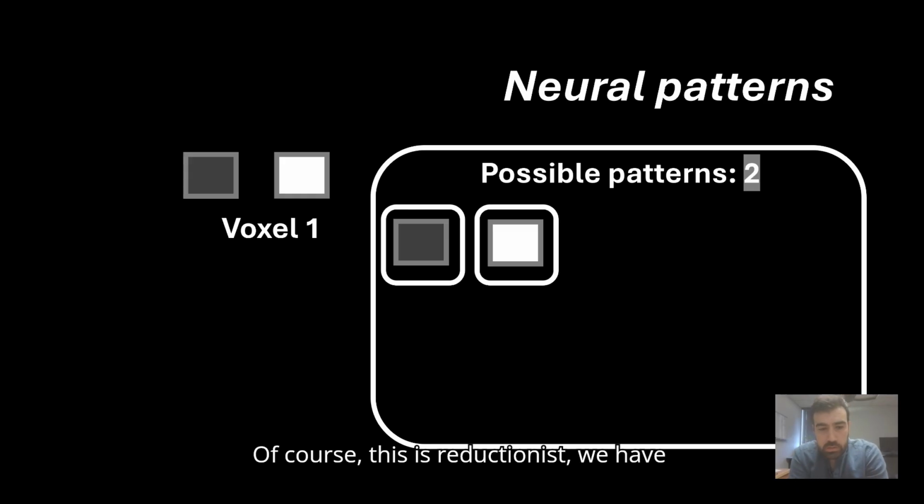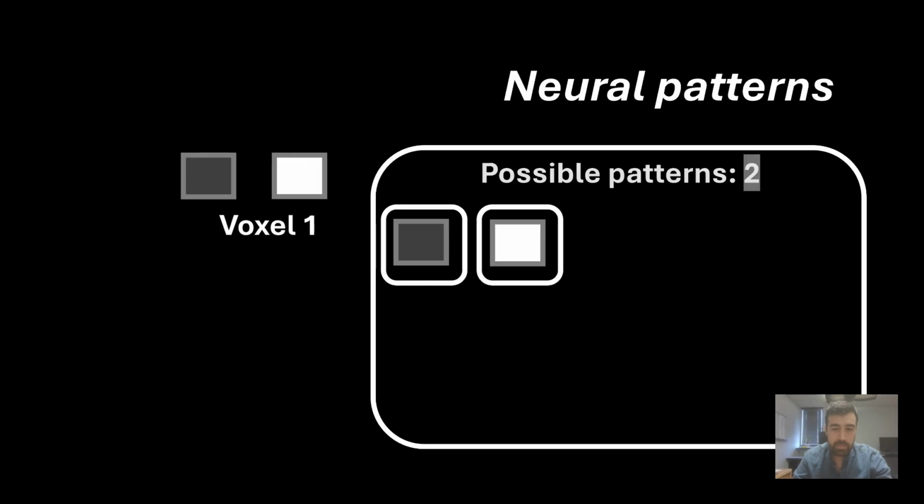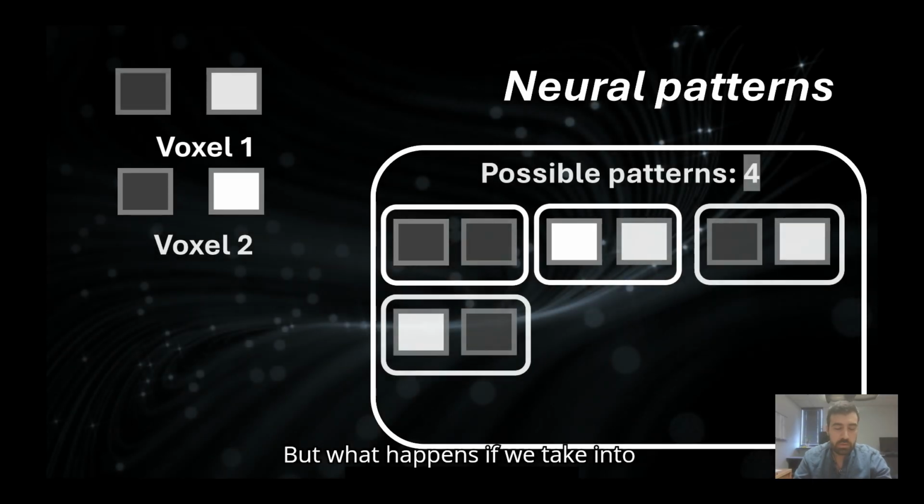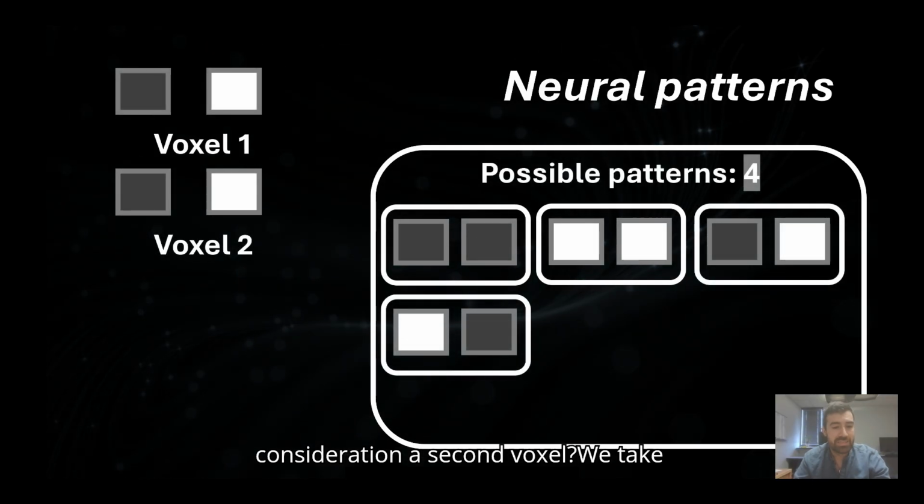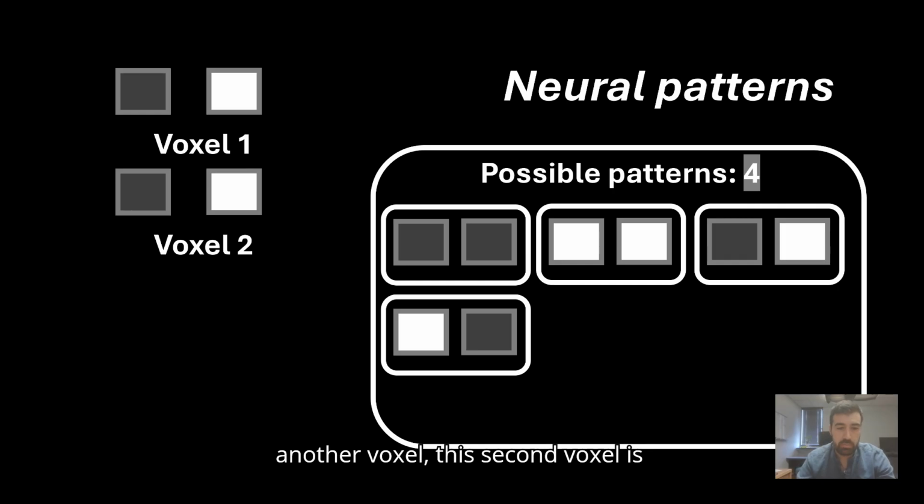Of course, this is reductionist. We have more than 2 patterns. Actually, as the voxel is a continuous variable, we have more information. But for simplicity, let's stick to it. But what happens if we take into consideration a second voxel? This second voxel creates more patterns.